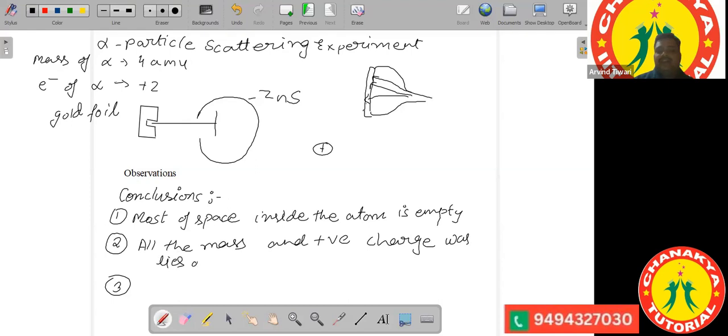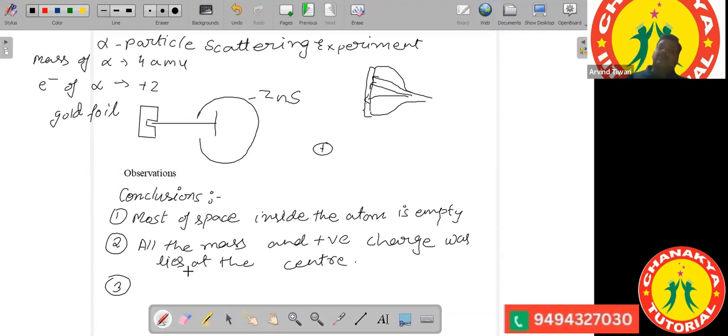So it's not that the positive and negative charges are mixed up, like J.J. Thomson said. They are not mixed up. The positive charges are separate.